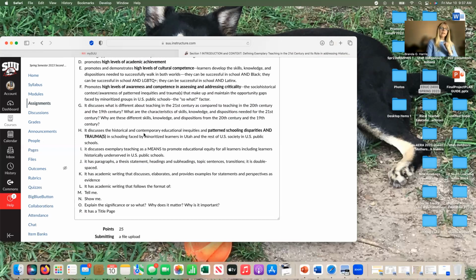But your main thing in your first draft is just to get the ideas in. You can go back later and polish it up. Where do I need headings? Where do I need a transition? Okay. So as you write, you need some sort of a hook to get your reader to know right from the beginning, why is this topic of exemplary teaching in the 21st century important?